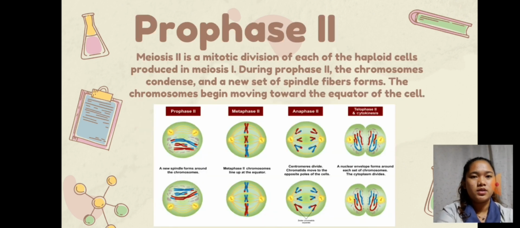Prophase 2 and meiosis 2 is a mitotic division of each of the haploid cells produced in meiosis 1. During prophase 2, the chromosomes condense and a new set of spindle fibers form, and the chromosomes begin moving toward the equator of the cell.